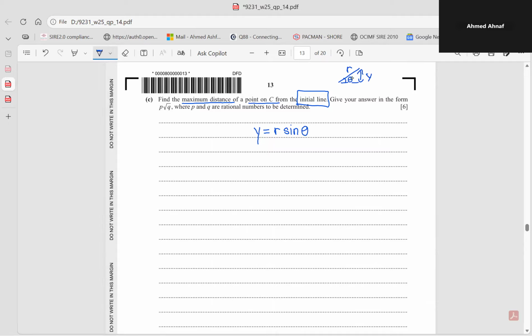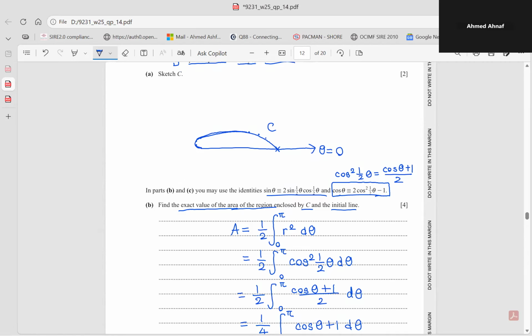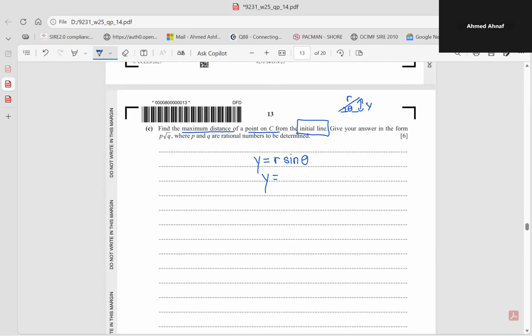Then using Pythagoras and trig, you can see how y is r sine theta. Now we're just going to find y equals, r is cosine half theta.